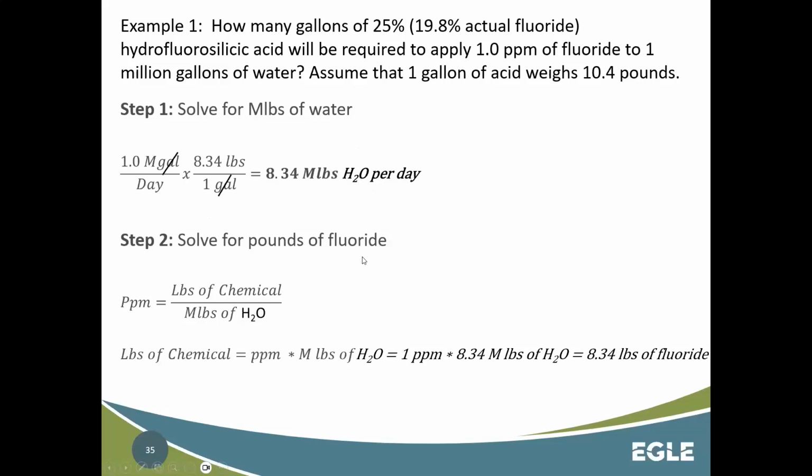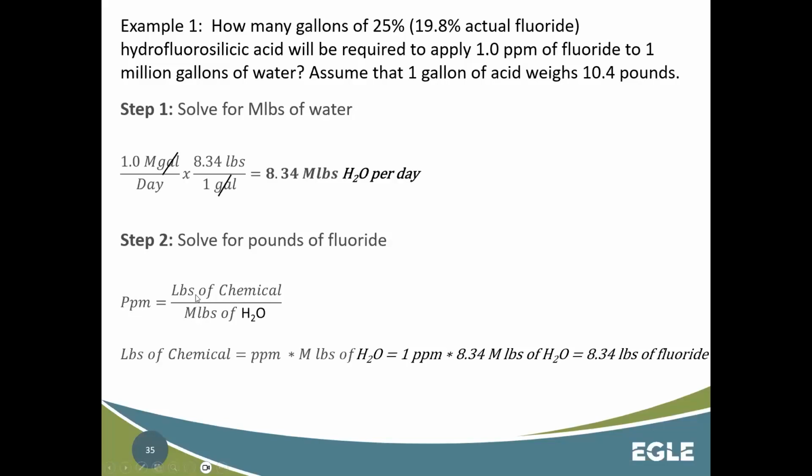And then step 2, we solve for the pounds of fluoride, which is, we need to solve for the pounds of chemical. We already have the part per million value, which is provided above, which is 1.